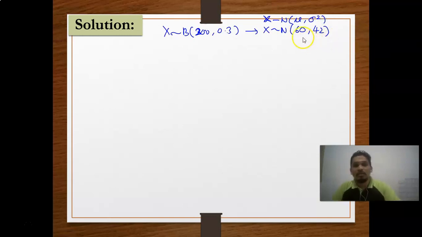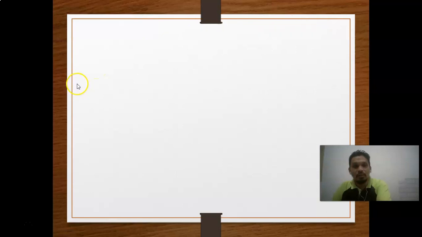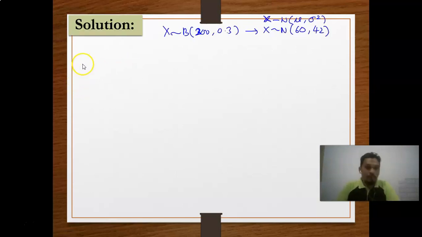Okay. So don't forget that this is the parameter for mean and this is for variance. Okay, now the first question: the probability of x less than or equal to 50.